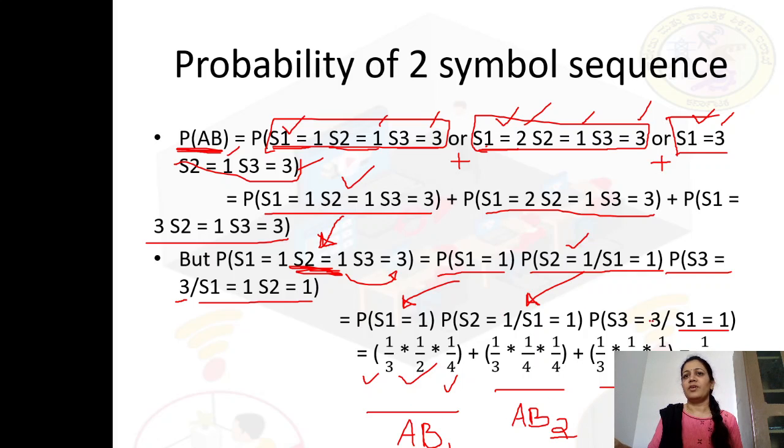When you simplify, you will get 1 divided by 12. So we can easily state that the probability of occurrence of the sequence AB as a message is nothing but 1 divided by 12. Sorry, not AA, it is for AB.